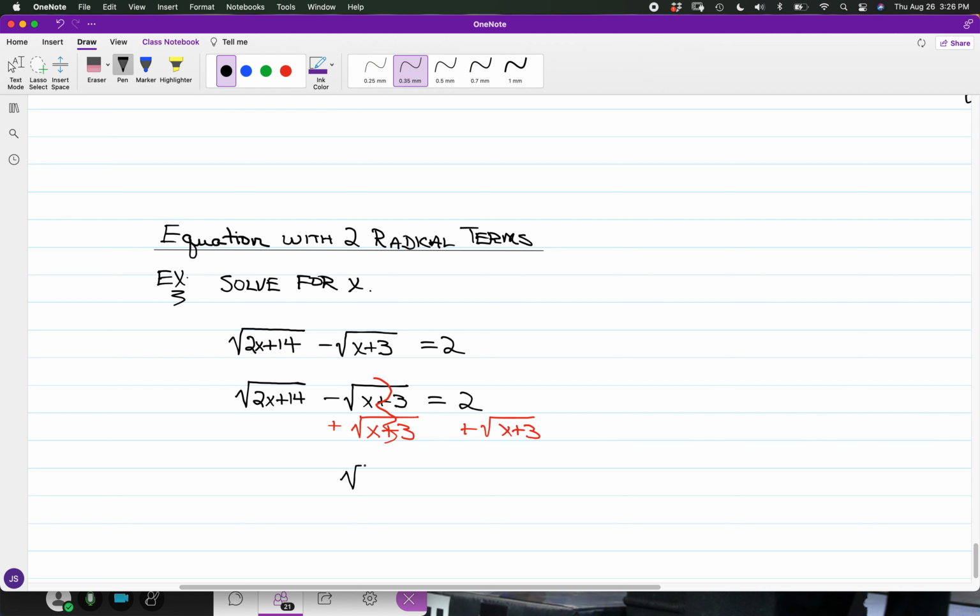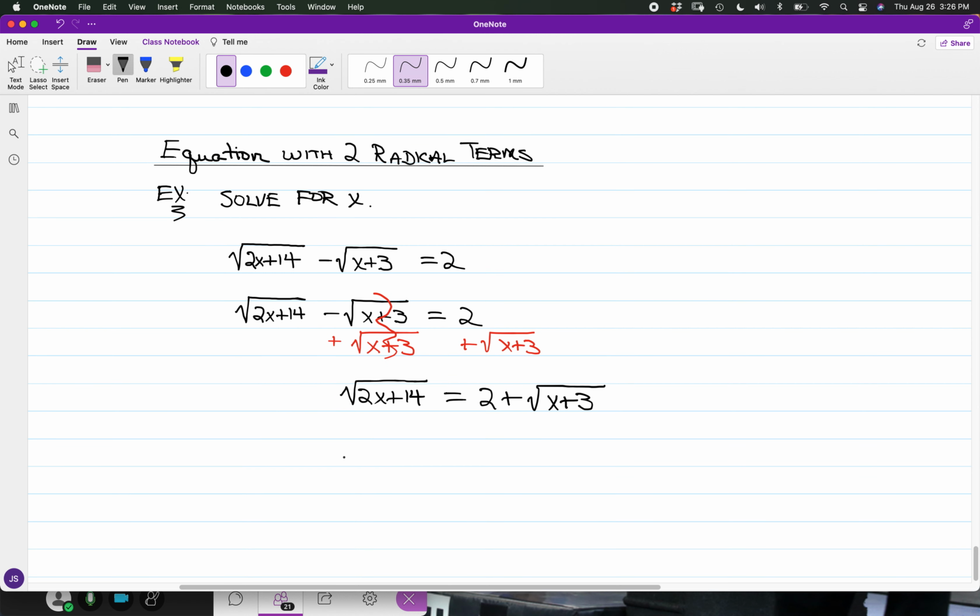On the left it's going to be the square root of 2x plus 14, is equal to 2 plus the square root of x plus 3. So I have a radical isolated, and I can free up at least 2x plus 14, even though I'm not going to be able to do so completely with x plus 3, but I can square both sides.